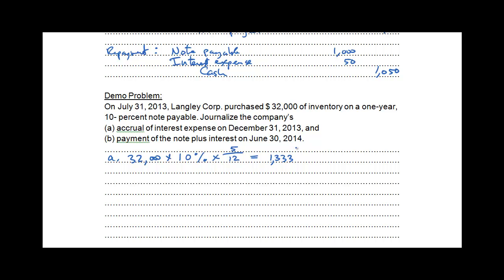Okay, so this would be 31 December 13, debit interest expense 1333 and credit interest payable.